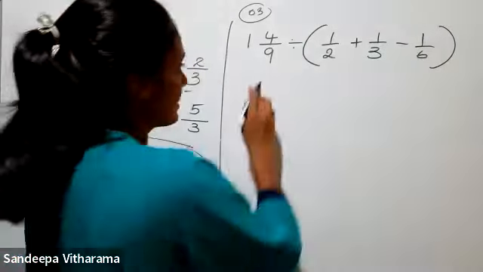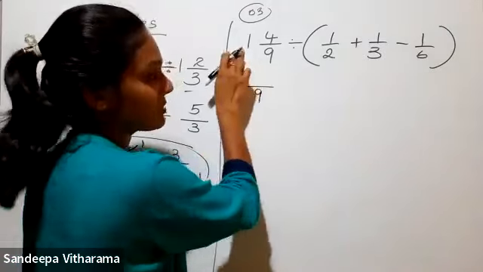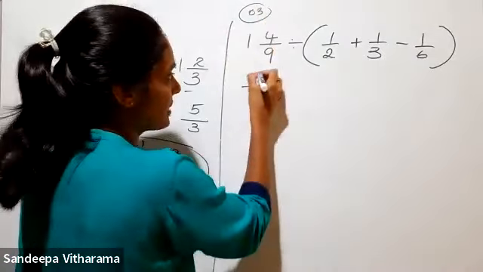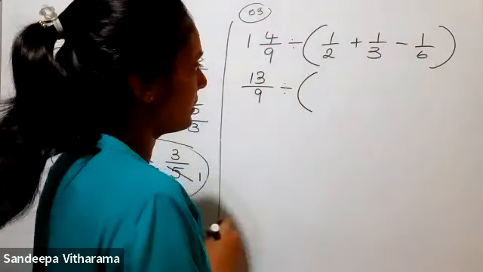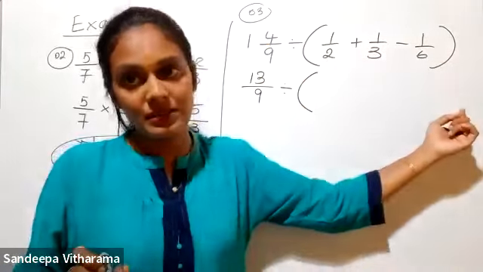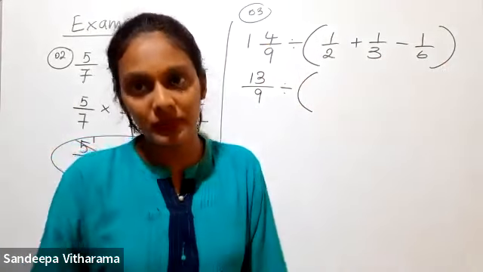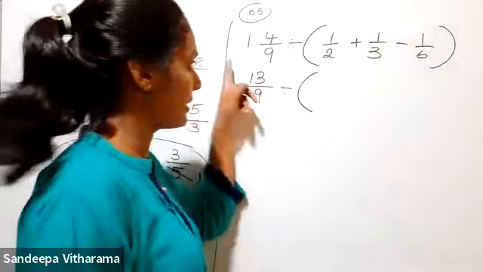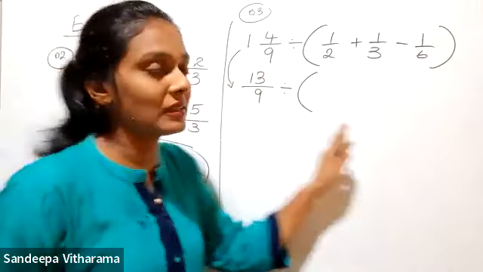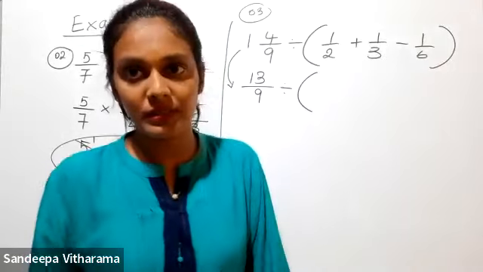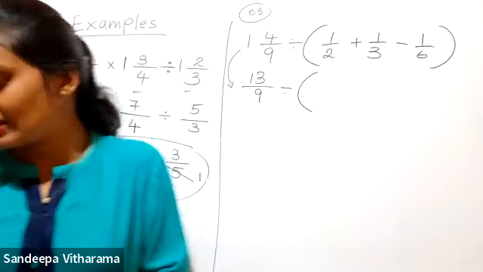So let's see. Then it is 9 times 1, 9 plus 4, it is 13. 13 upon 9. And now, actually here in this step, we can convert this into one common denominator. Then what is the common denominator here?